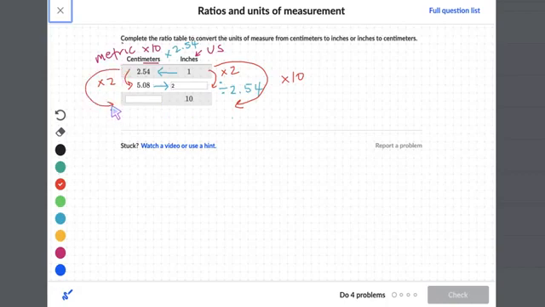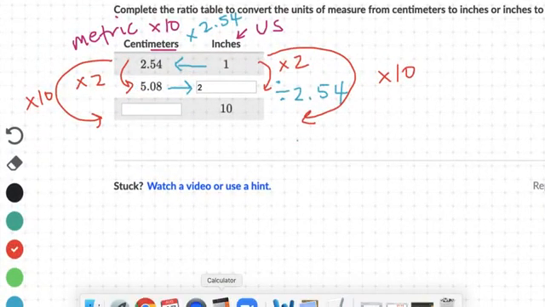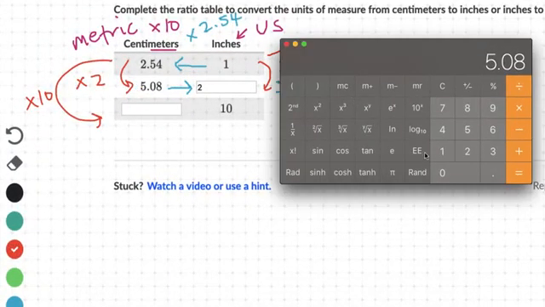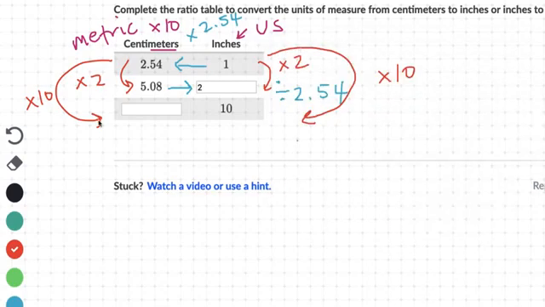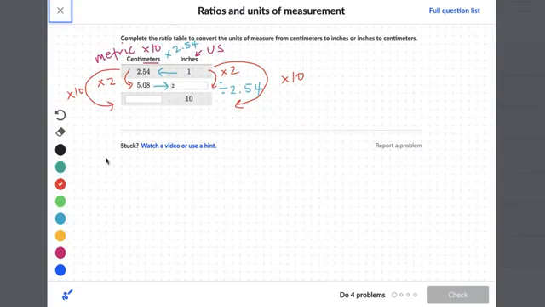So that would mean the 2.54 would also multiply by 10 to get us to the amount of centimeters, because they are equivalent ratios. Equivalent ratios are very important. That's actually why it's usually the first unit in class. 25.4, because we're just moving it over 1 decimal place. So 25.4.